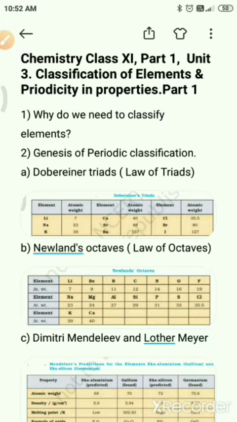With such a large number of elements, it is very difficult to study individually the chemistry of all the elements and their innumerable compounds.